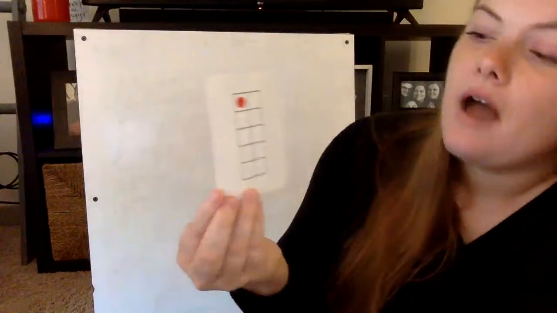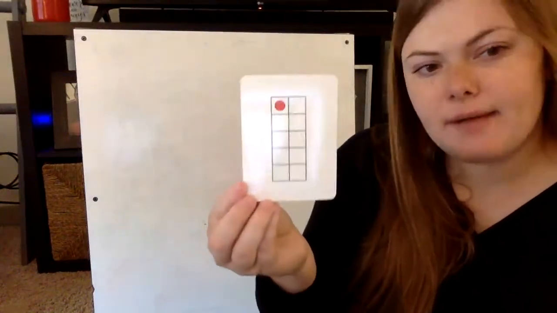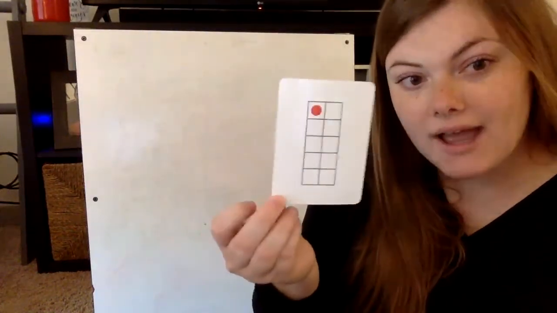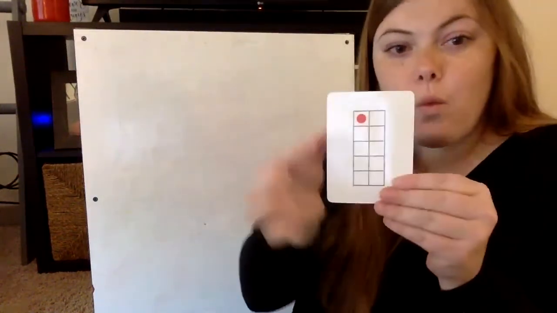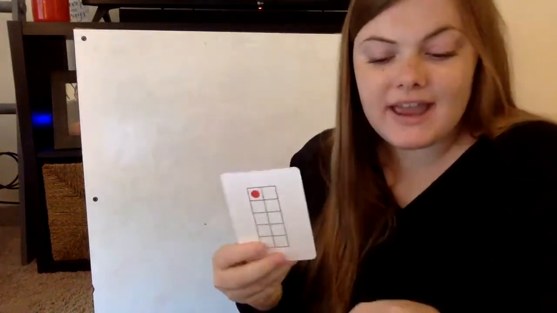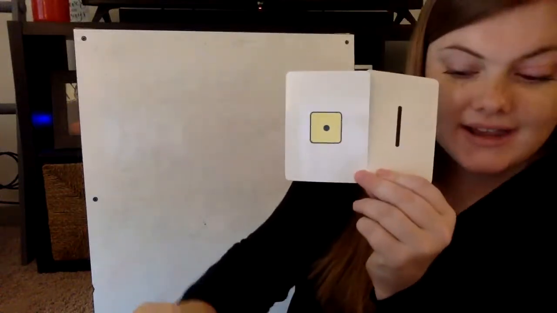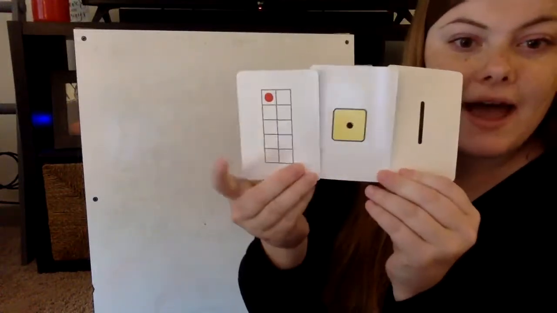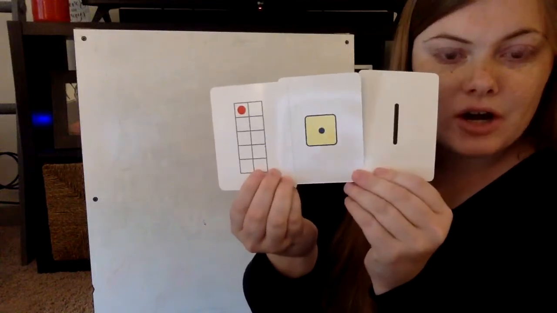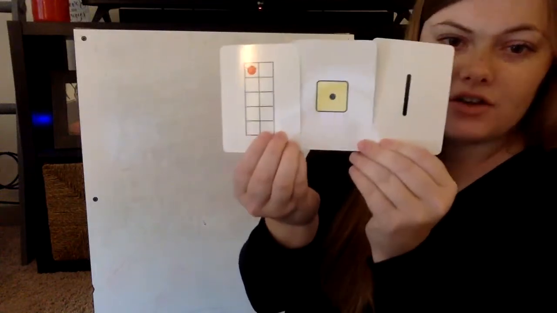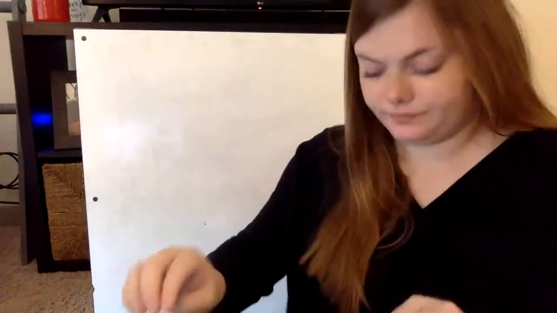How many of our frames are filled up? 1, yes, good job. So we have our number 1 here, represented with our dice, and we have our 1 represented right here in our 10 frame, right? There's 1 of each of them.